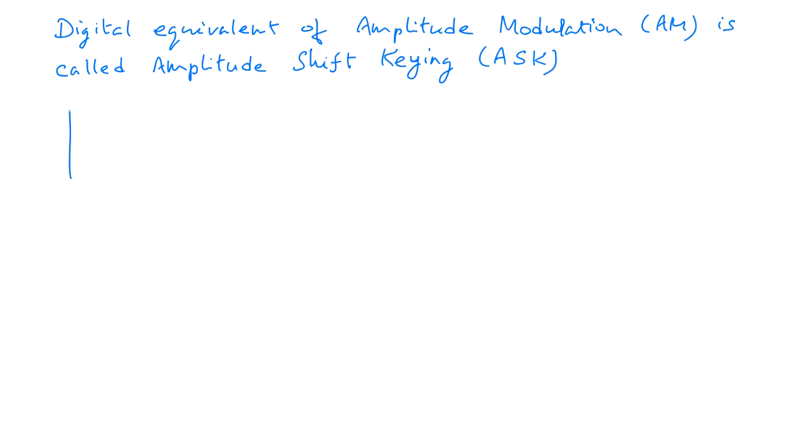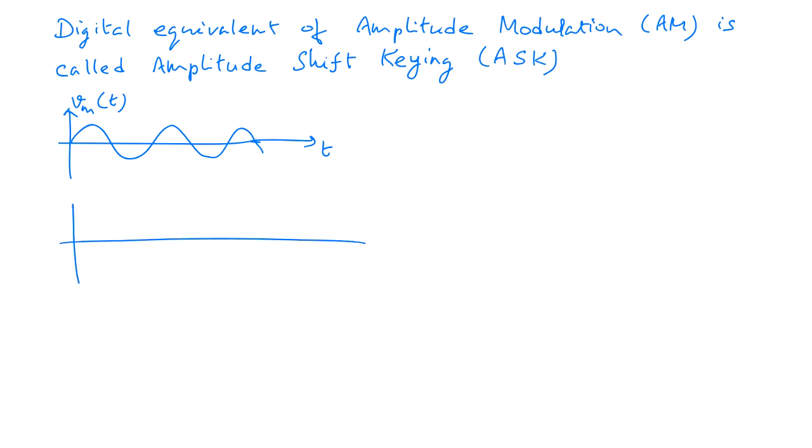And just to help you understand, I'm just going to make a message signal in amplitude modulation, which is a low frequency signal, time, and we'll call this Vm of t, the message signal. And then we have a carrier signal, which is a high frequency, Vc of t. When you produce amplitude modulation, what does the waveform look like?